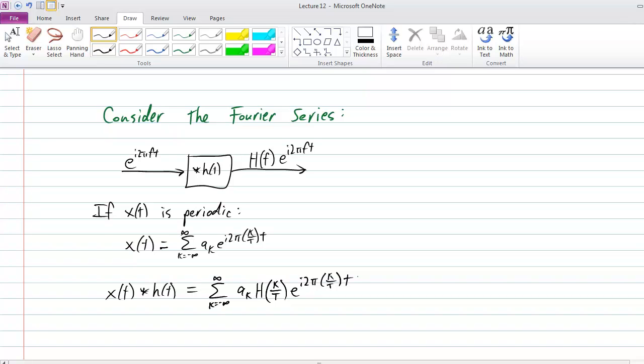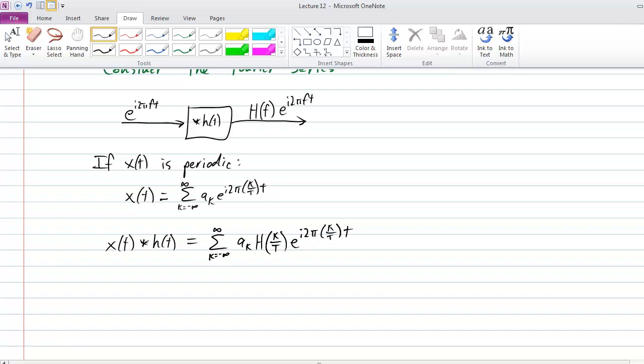All right. Now, let's look carefully at what happens if we interpret h. So this is true. And notice we're looking at a periodic function with an aperiodic function.